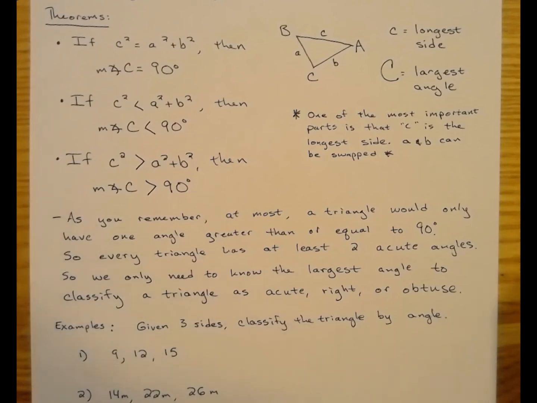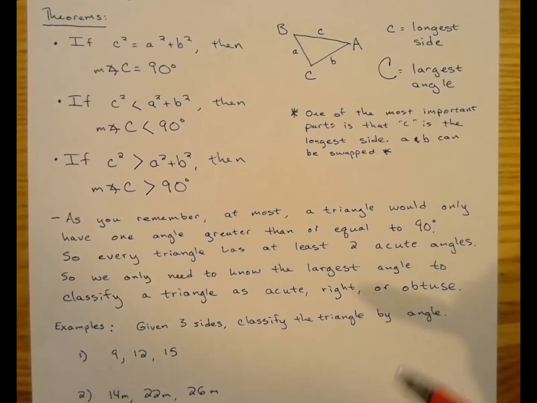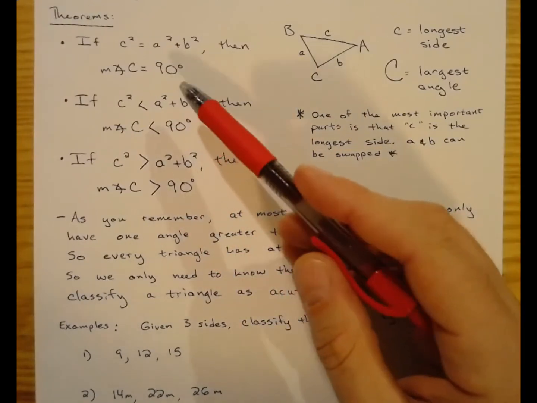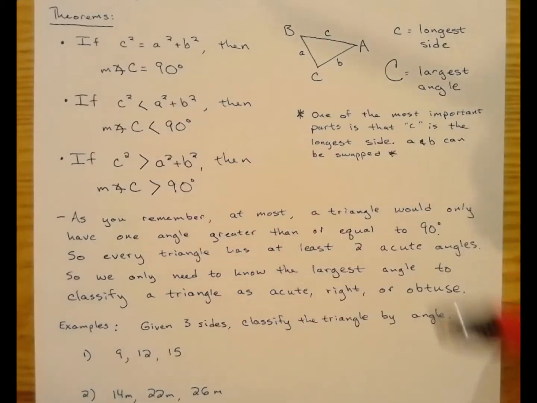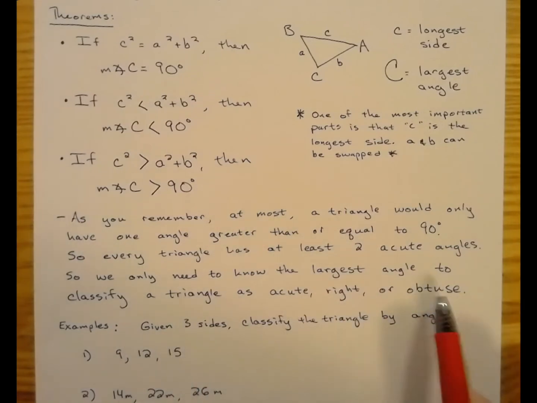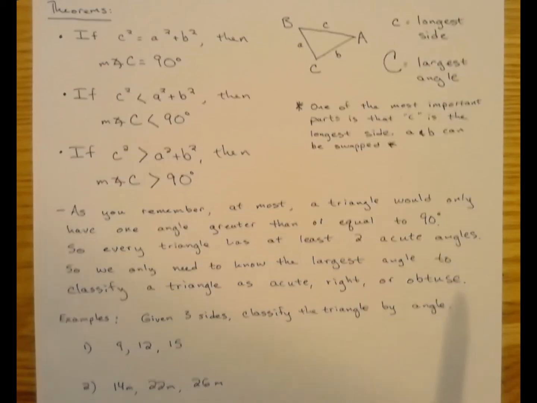So when we're classifying a triangle by angles, we're really only looking at the largest angle. So if we can figure out the largest angle's relationship to 90 degrees, then we can classify any triangle as acute, right, or obtuse, given the three sides.